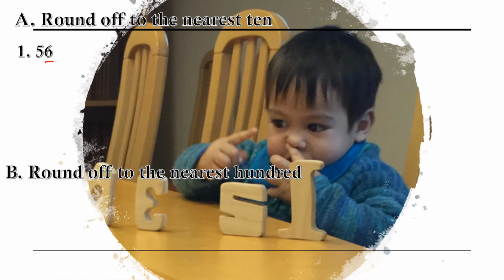Okay. 6 is round up or round down? It's round up, right? So we're going to add 1 here and change this number to 0. Okay? So 1 plus 5 equals 6. Therefore, 56 is rounded to 60.